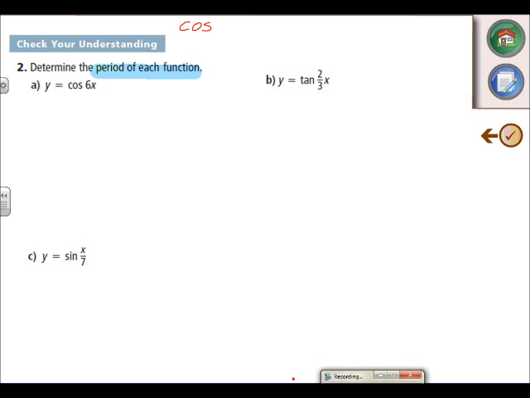So that's going to be every 2 pi. The period on sine is also going to be repeating once around the unit circle every 2 pi. Tan, however, that one was different. That one repeats every pi.